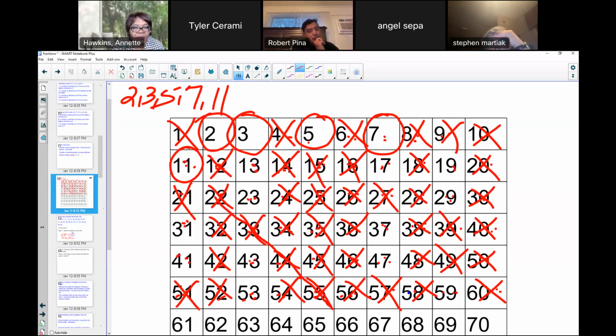Counting 1 through 11 each time. That is correct. And we just go on to 60, so that row. All right, the next prime number is 13.